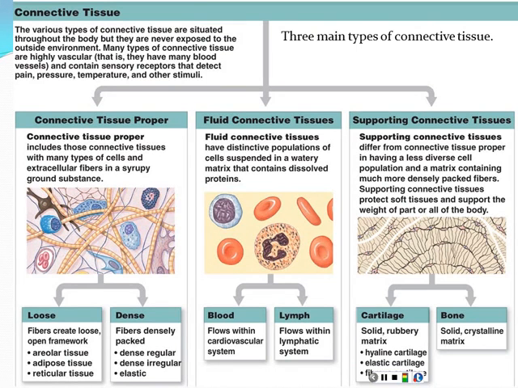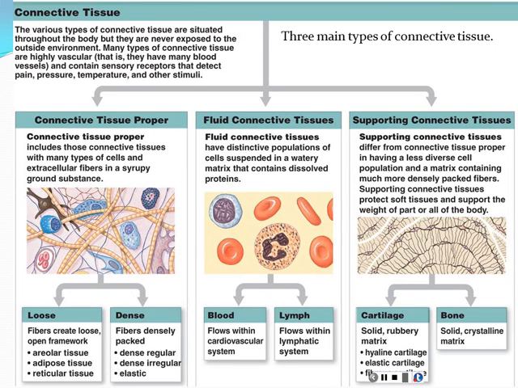So connective tissue proper, it's called that because the classifications have changed. So in the old days, connective tissue was just that part. But we divide connective tissue proper then into, we classify it as loose or dense and regular or irregular, which we'll talk about here in a minute.